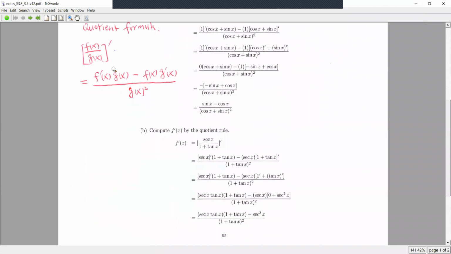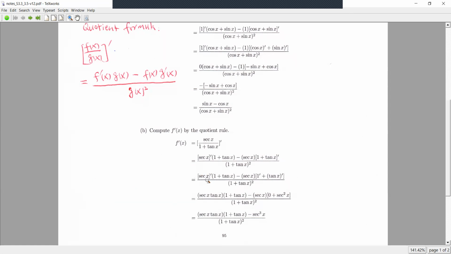By the quotient rule, the derivative of function f is the derivative of the numerator secant times the denominator 1 plus tangent, minus the numerator times the derivative of the denominator, then all divided by the square of the denominator. Apply the summation rule here. Then we have this equation.